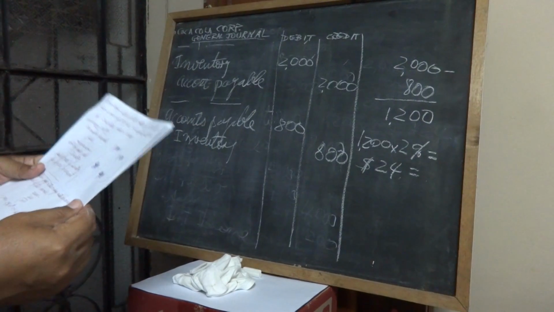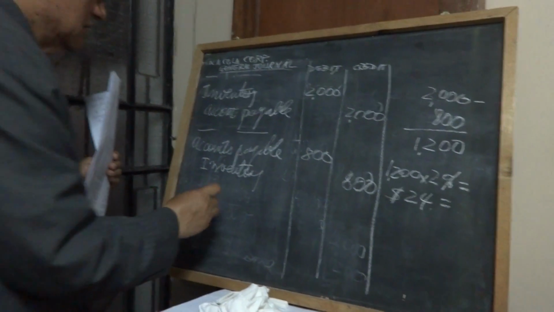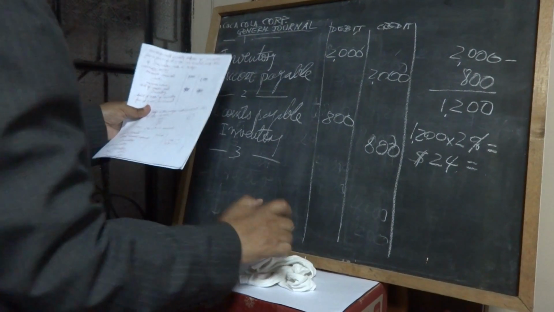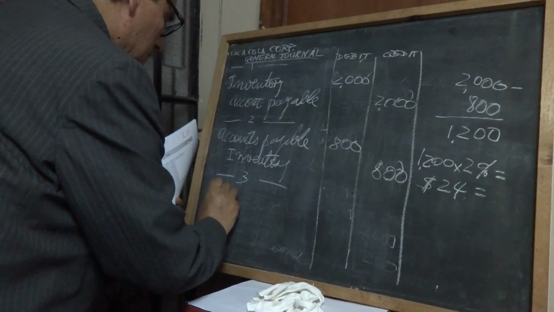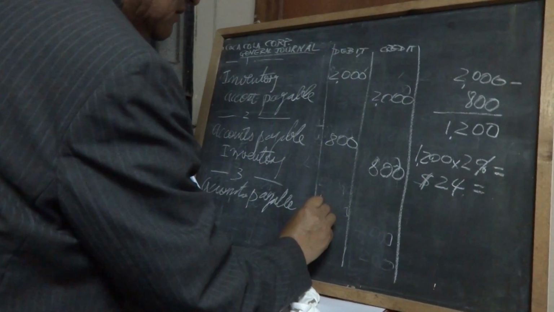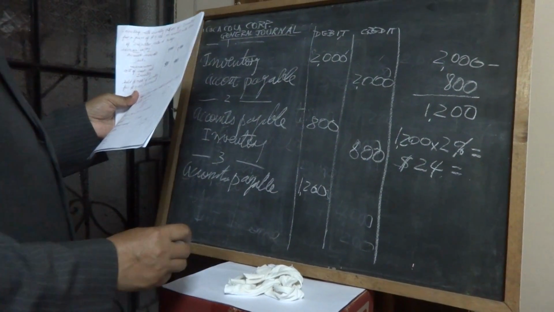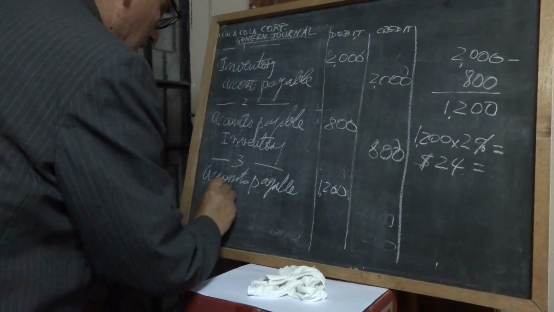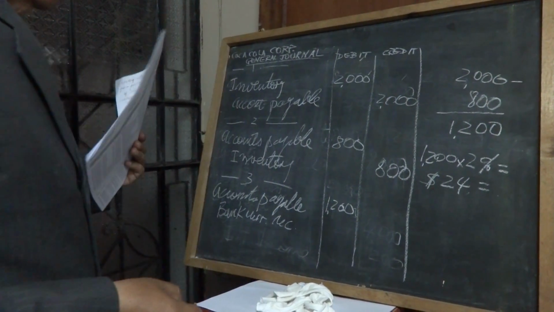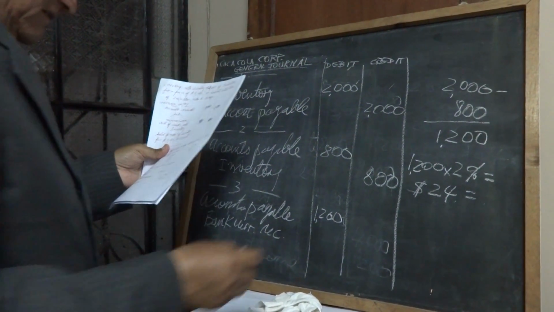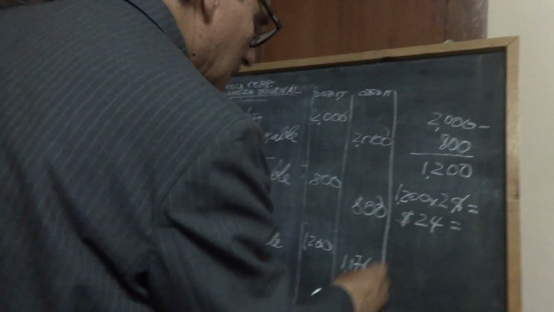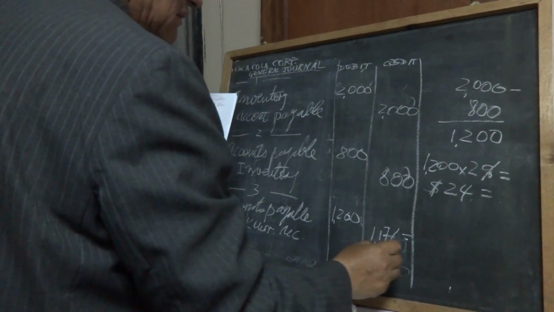The entry in the journal will be accounts payable for $1,200 and a bank current account, because it has been paid with a check, on credit for $1,176 on column credit.